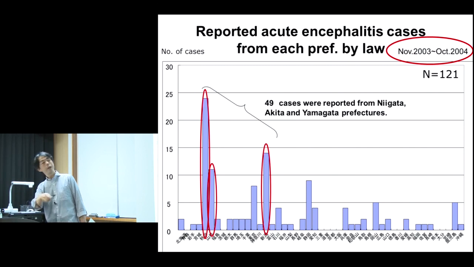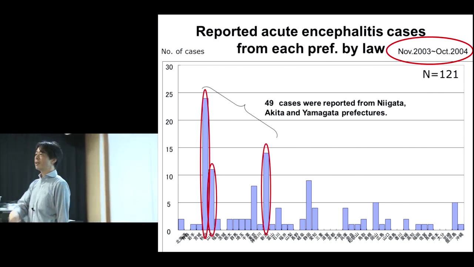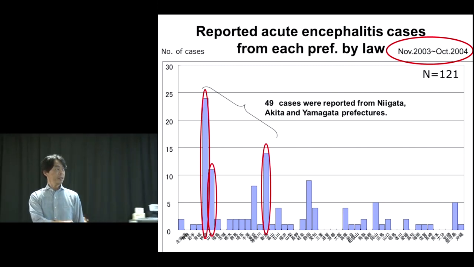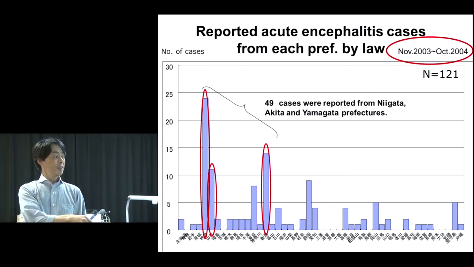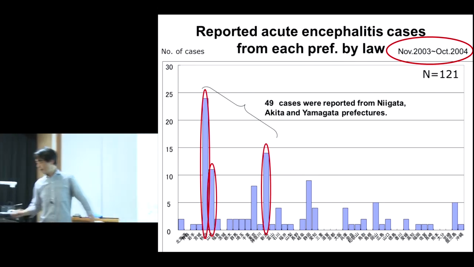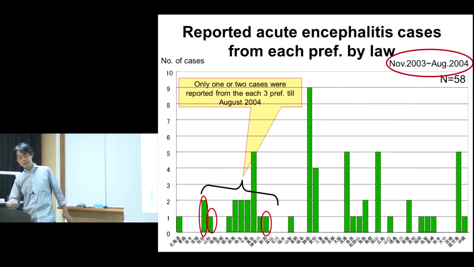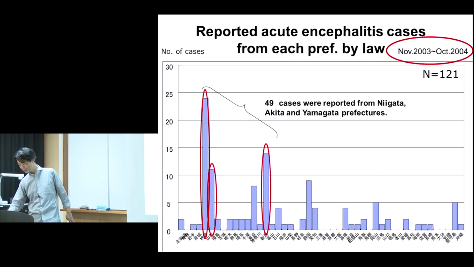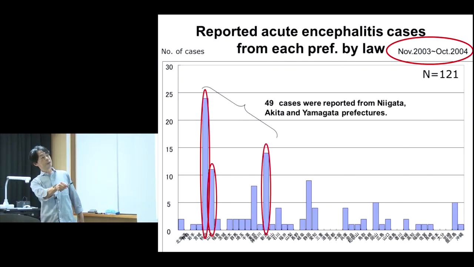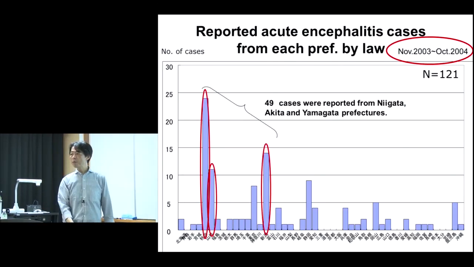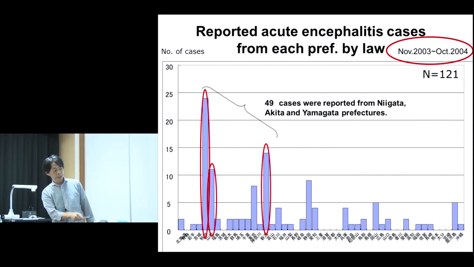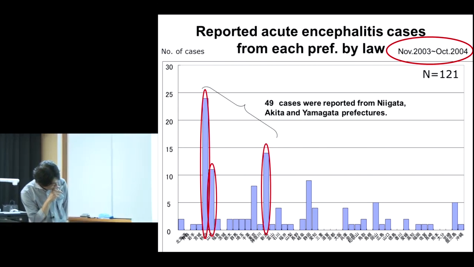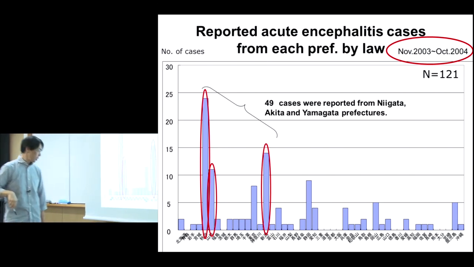However, after the newspaper articles, the legend is different, right? Previously, it was less than 10. However, in October, the summer of 2004, we have a huge number of cases in this area. It's the northern part: Akita, Niigata, Yamagata.